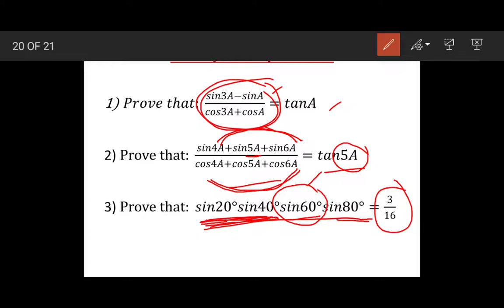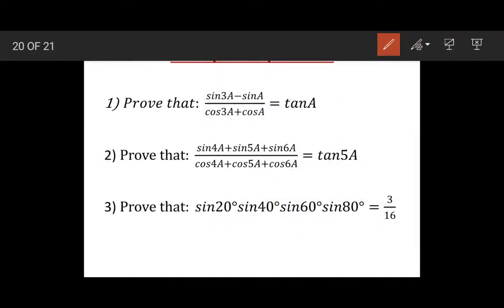Then multiply with sin 80 degree, again multiply and divide by 2, and then again use the sin C plus sin D formula. Then you will get the final answer as 3 upon 16. So the first two examples are based on the factorization formula, and the third one is the defactorization formula. So these are three sums for practice.